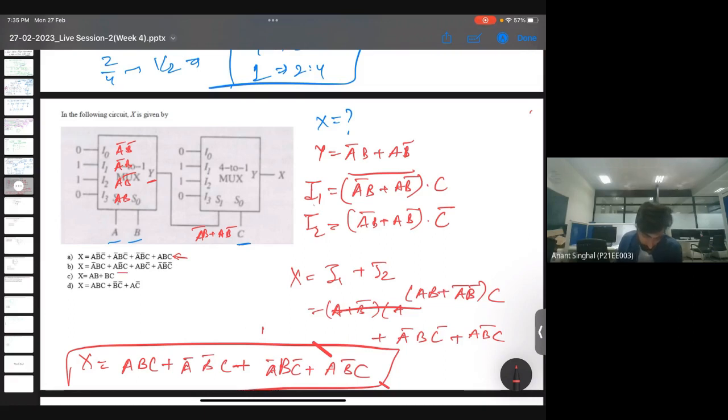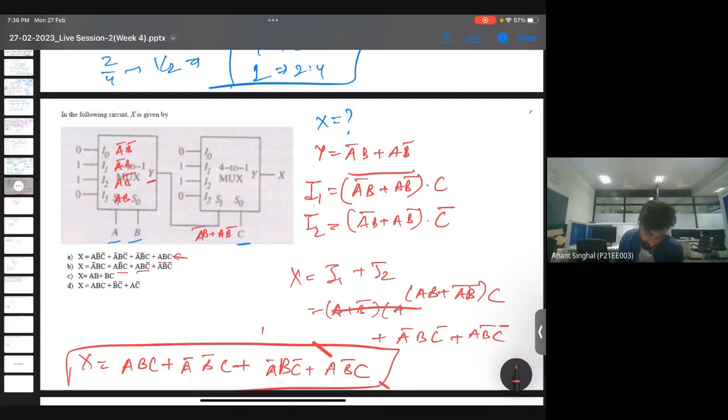Okay, a b bar c, a bar b bar c, a bar b bar c bar, 0 1 and then 1 0, a bar b c bar, a b bar c bar. Okay, so this is a b bar c bar, then this is a b c.